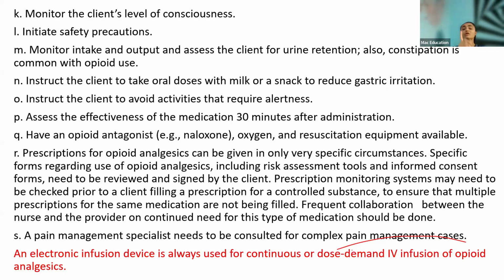Okay. Then what is the important point that you have to remember? When we give opioids, we always use an electronic infusion device. When the patient needs opioids continuously, we will always require some infusion device, like an infusion pump.